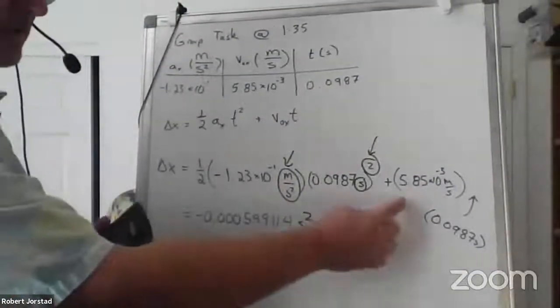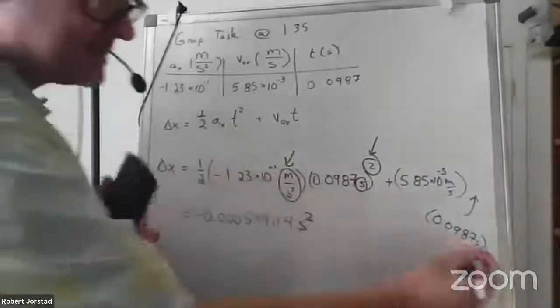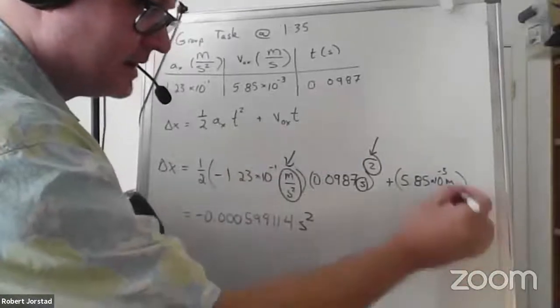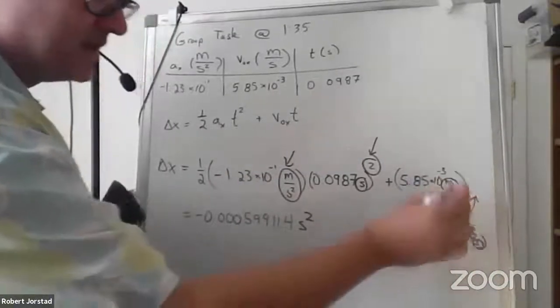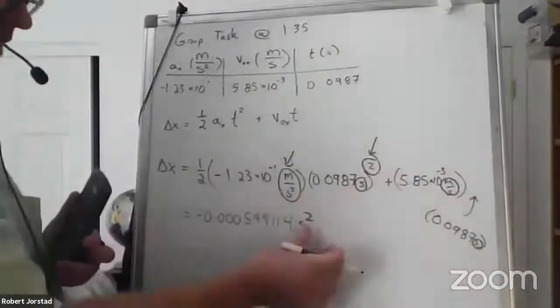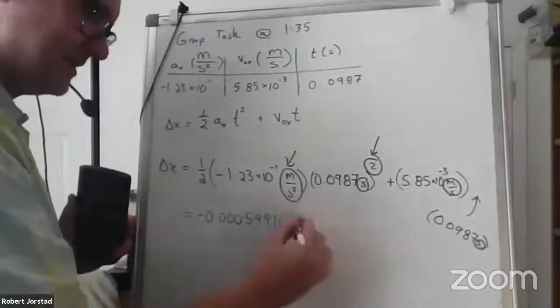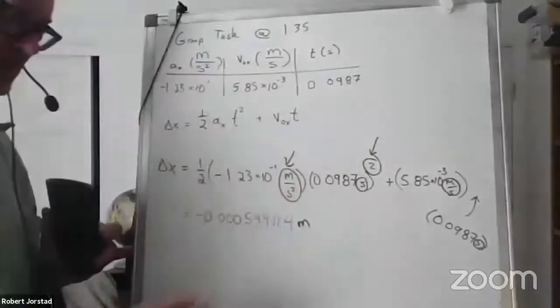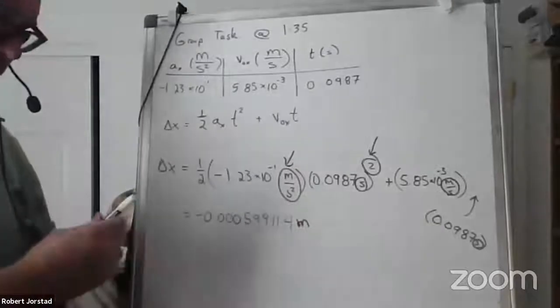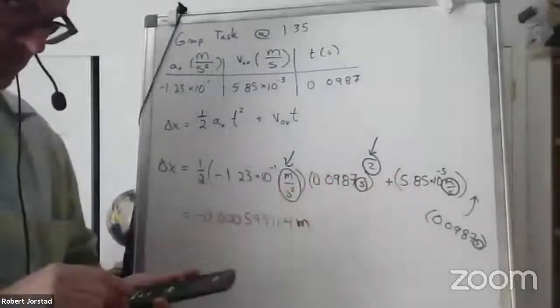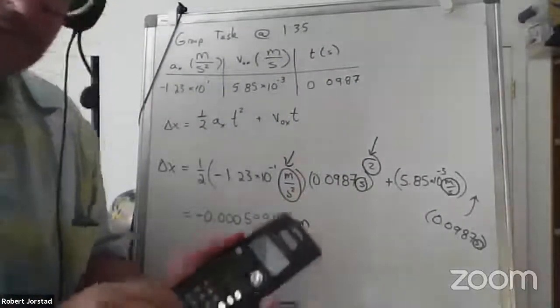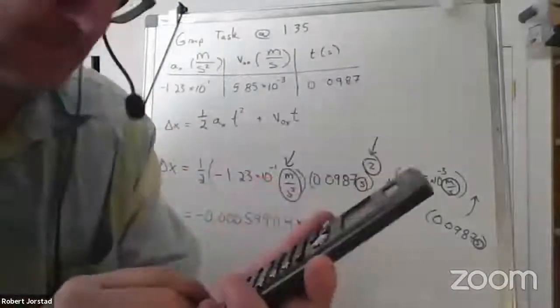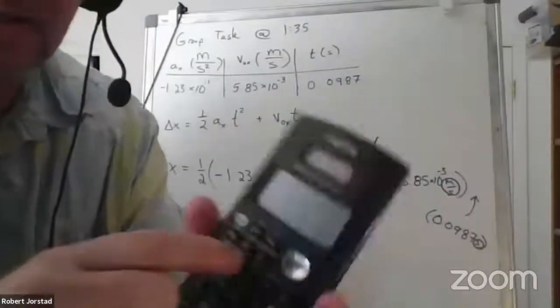Then over here, when we do this one, I've got seconds times meters per second. What units should we get on the second? Whoa, I wrote second squared. Sorry. That's meters. I'm just going to punch in the numbers here. 5.85, and then the EE button.